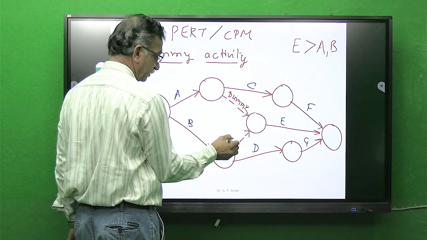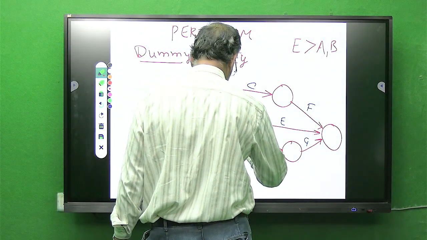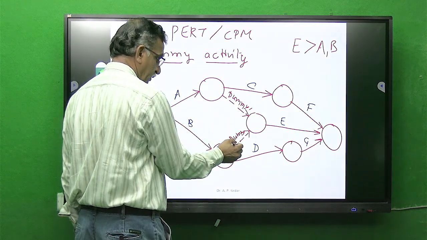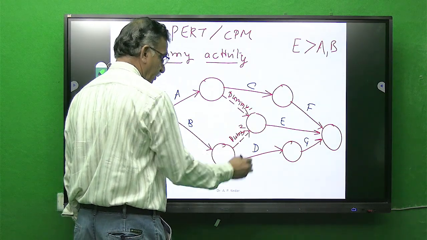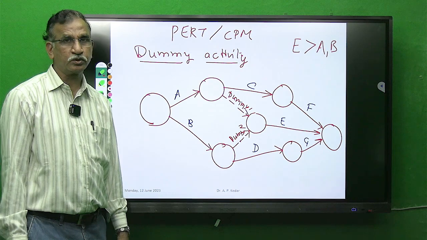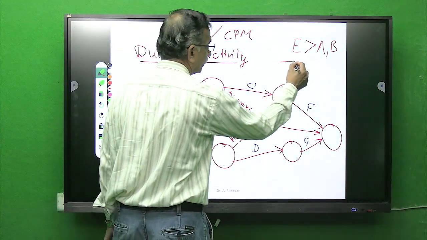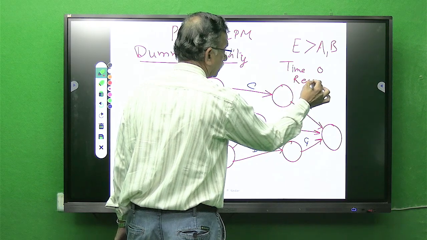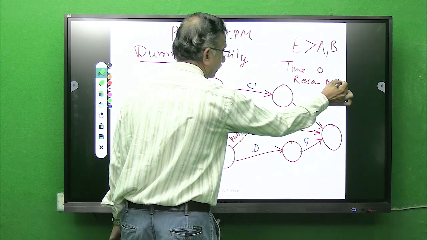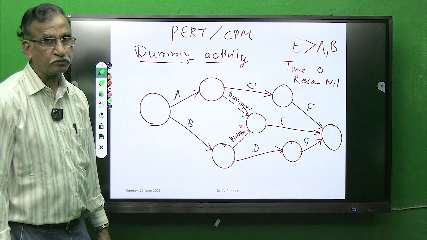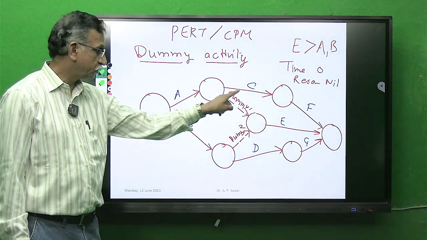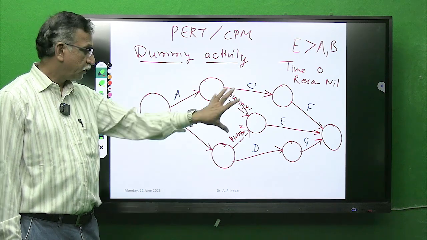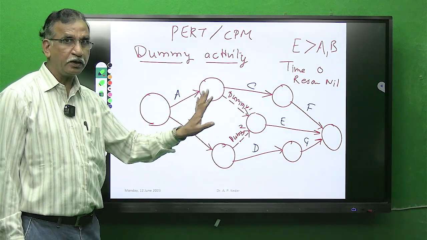So this is dummy activity 1, and this is dummy activity 2. A dummy activity does not consume any time and resources, so time for a dummy activity will be 0 and resources nil. This is called the application of dummy in a network.